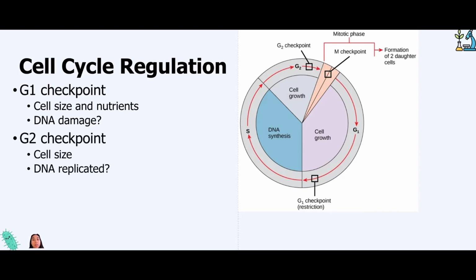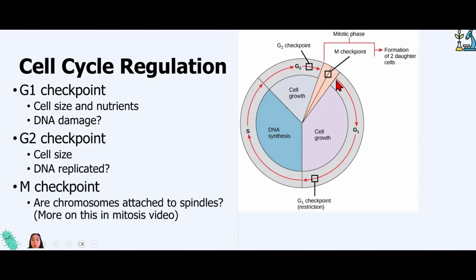Kind of the same thing. The cell is making sure it's big enough, has enough nutrients, etc. Because right after G2 is mitosis, and there's a lot going on in mitosis. One of the main things in G2 is that it double checks that the DNA has been correctly replicated. So we have two copies of the DNA, and everything looks good.